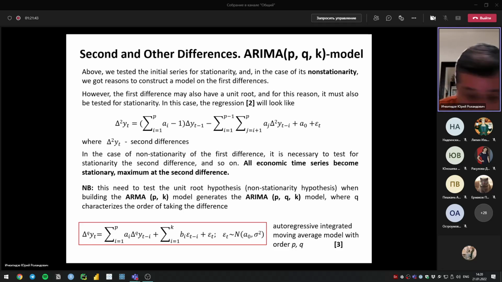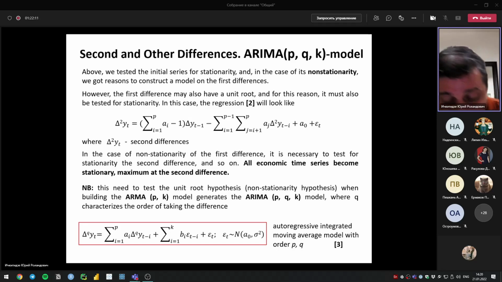Well, as a matter of fact, this ARIMA model is written in this way. If d equals 0, then the autoregressive moving average model is built on the initial y. If d equals 1, then the ARMA model is based on first differences.